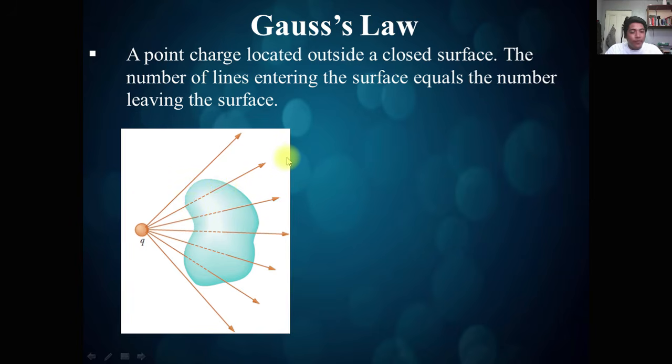So my question is, what is the electric flux through this closed surface? Remember, we don't have any charge inside the surface, even though we have a charge outside the surface that is contributing to the electric field experienced by this closed surface. So what is the electric flux inside this surface?